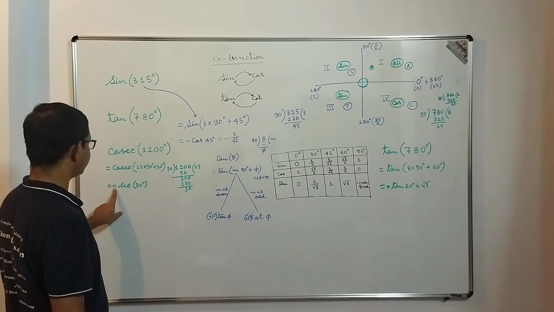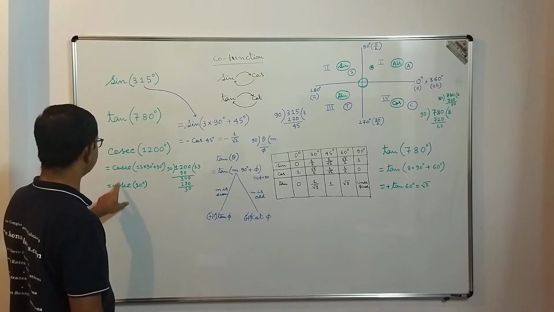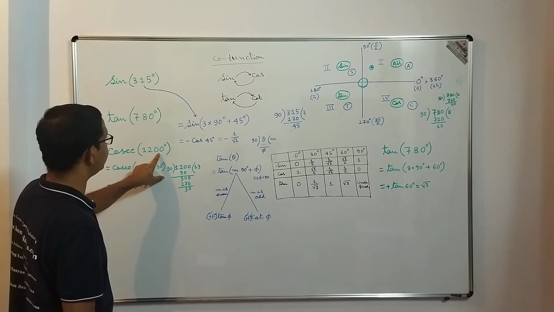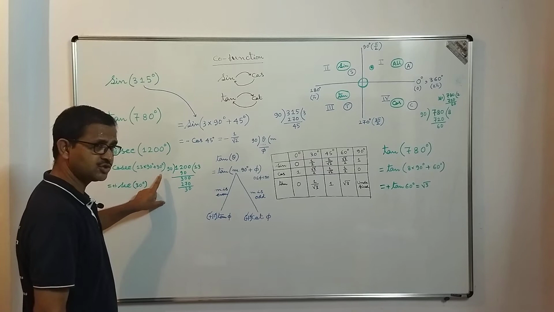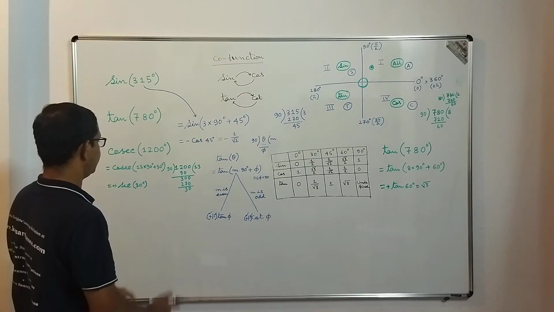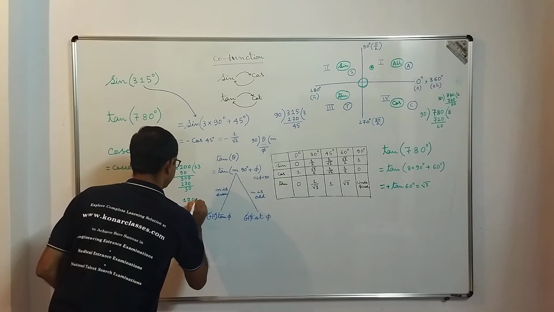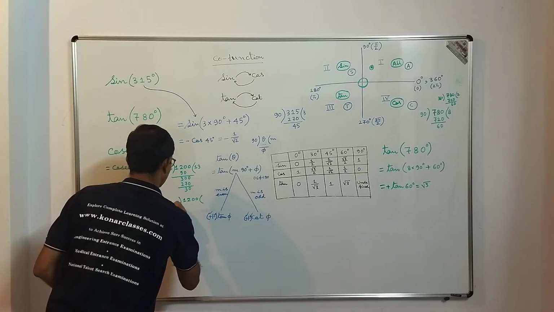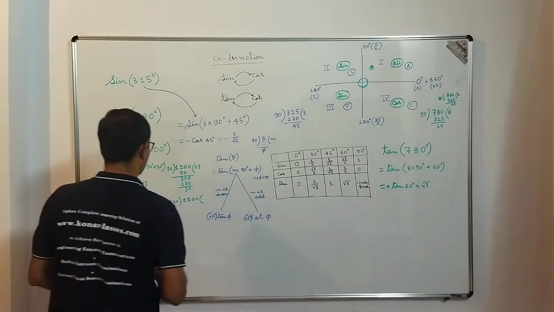For the plus or minus sign, we need to know which quadrant 1200 is in. Either we can divide 1200 by 360 and find the quotient and the remainder.